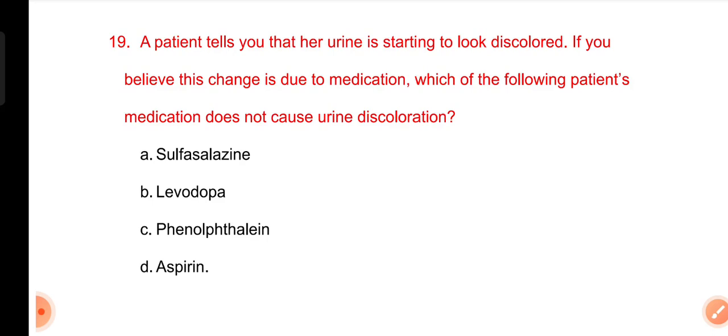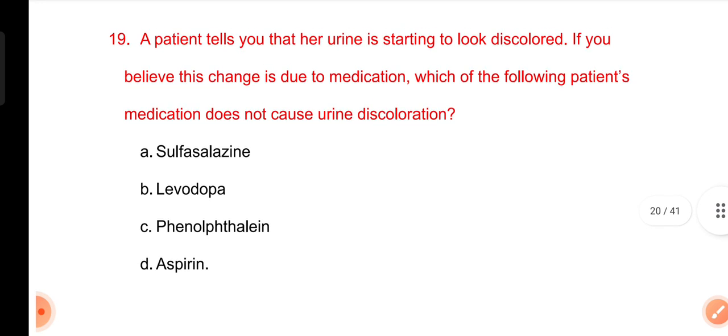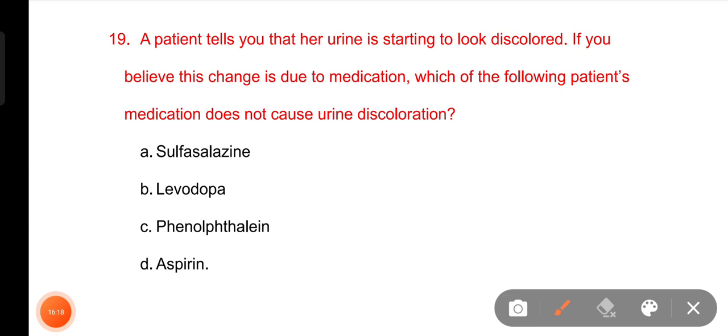The options are: A, sulfasalazine; B, levodopa; C, phenolphthalein; D, aspirin. The right option is D. Aspirin is not a cause of urine discoloration.